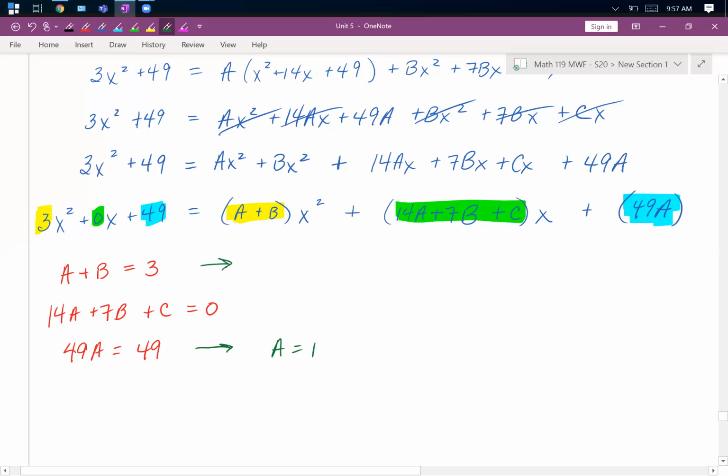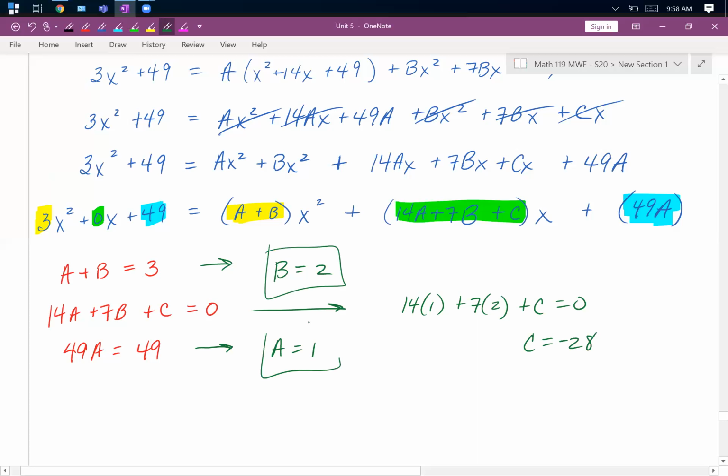Plugging that into our first equation, we then get b is equal to 2. So really, it's only this third one we need to work. It's 14 times 1 plus 7 times 2 plus c equals 0. So what's that? c equals negative 28.